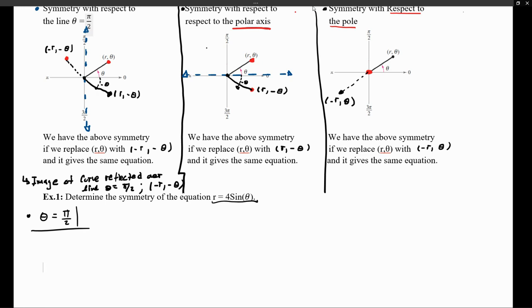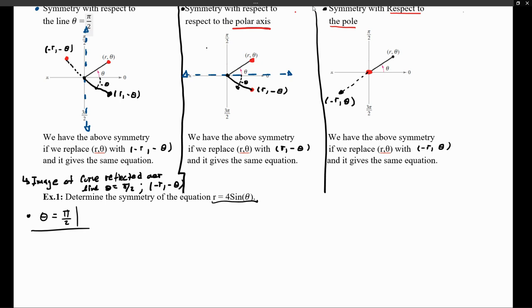To test the symmetry, all we have to do is see if it makes a true statement. Well, I know that if my equation is reflected over the line pi over 2, and I plug in these values, negative r comma negative theta, and it gets me the original equation back, then it must have been symmetric over the line.